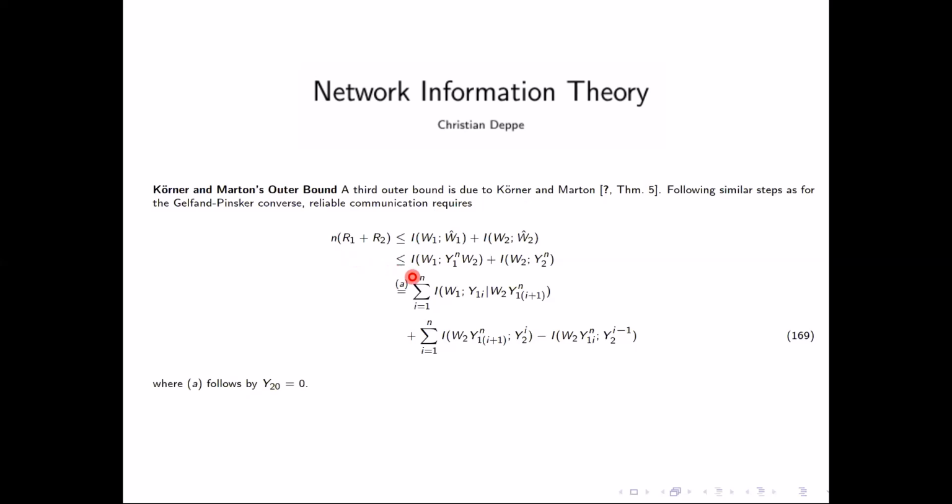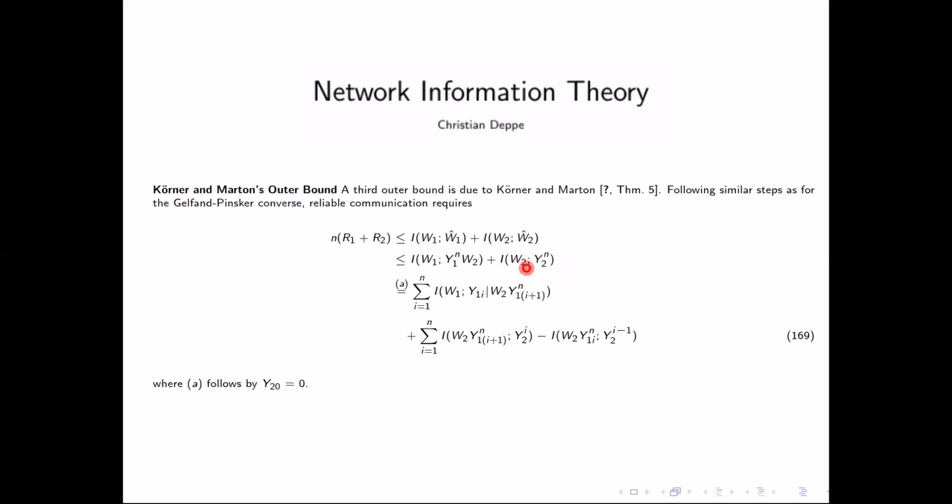This we can estimate by the mutual information of W1 and Y1 to the n plus W2 and Y2 to the n. So you see this is a function of this, so we can insert this here, and here this is a function of this, and we add here this W2. When we add this, we use this idea of a telescope sum again.